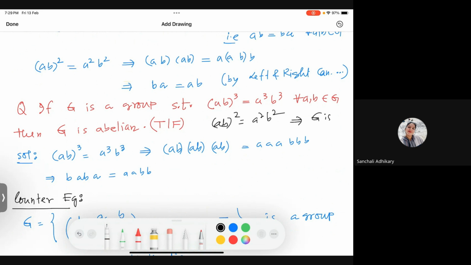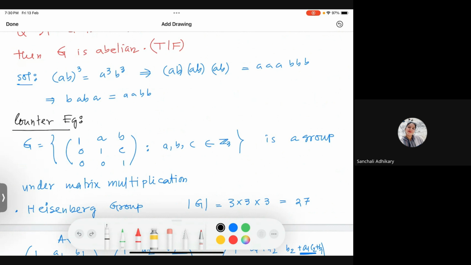Then G is abelian, right? So can we say this for 3? Then is it abelian? So actually the question is, if (AB)^3 is equal to A^3 B^3, then can we say G is abelian? So no, the answer is no.